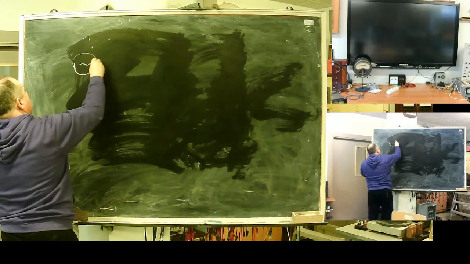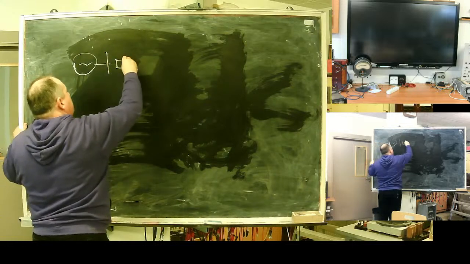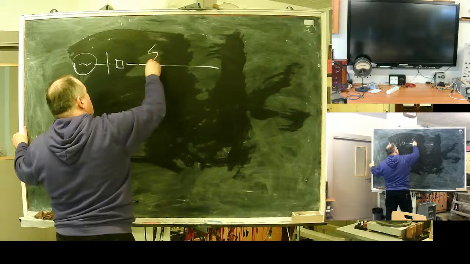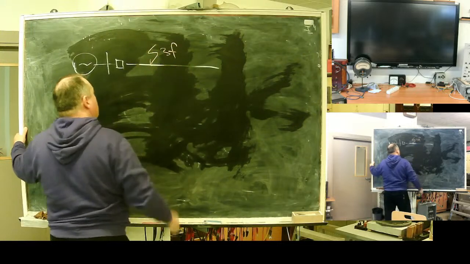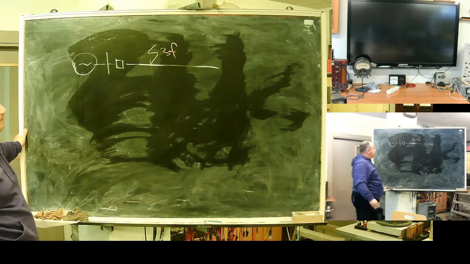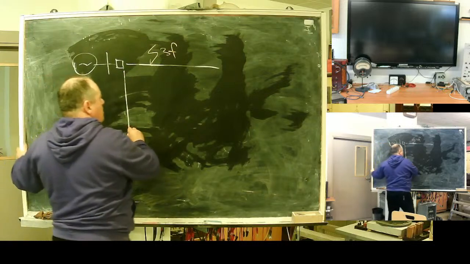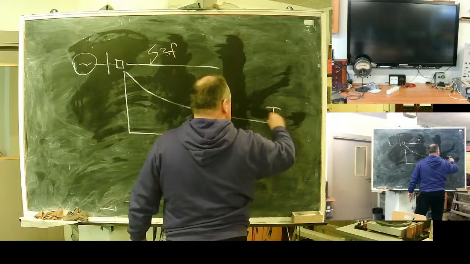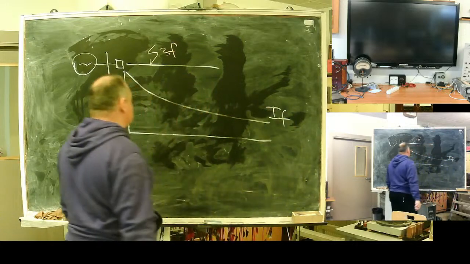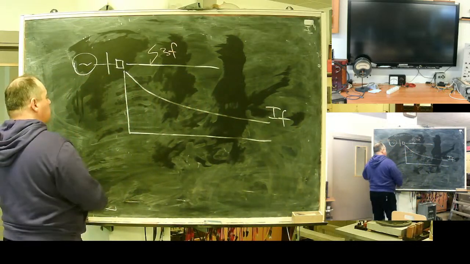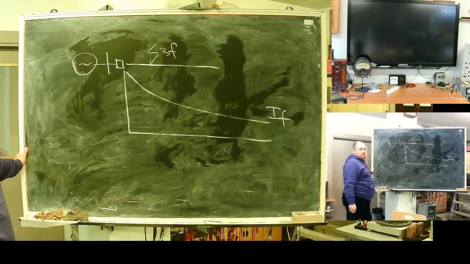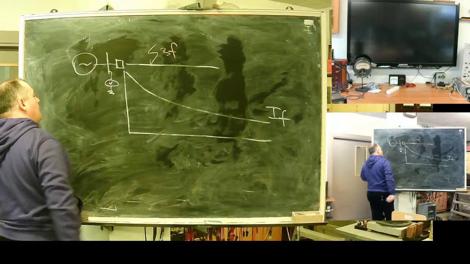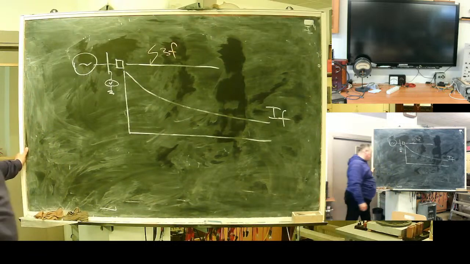Let's say I have line, my protection, and three-phase fault. Fault current will be something like this. But what about remaining voltage? Voltage at relay point.